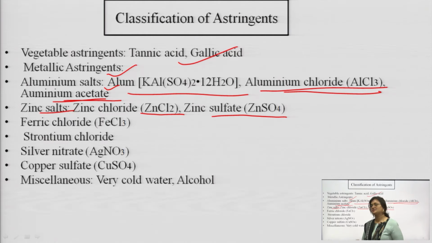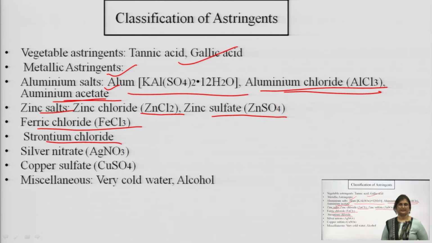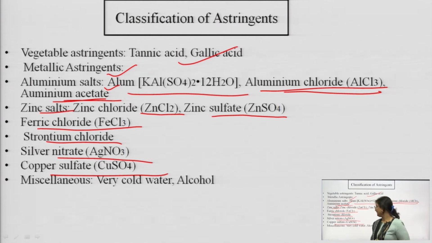Metallic astringents are also available as ferric chloride, strontium chloride, silver nitrate, copper sulphate, alcohol.